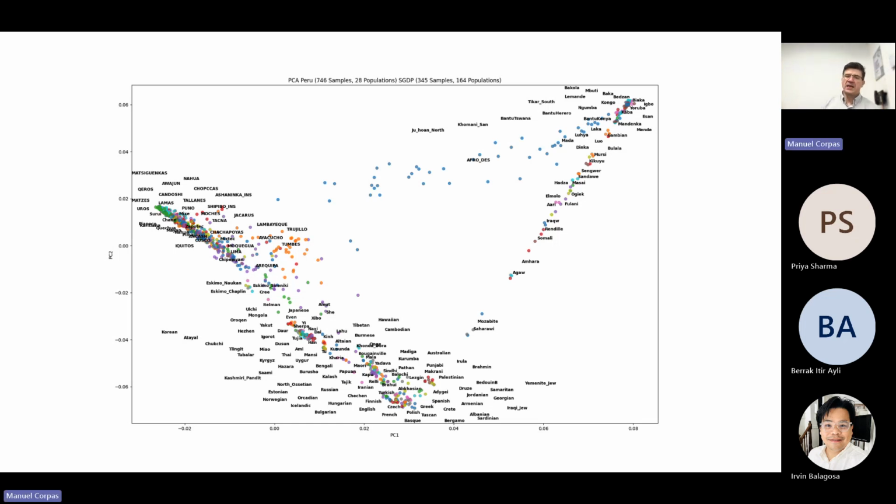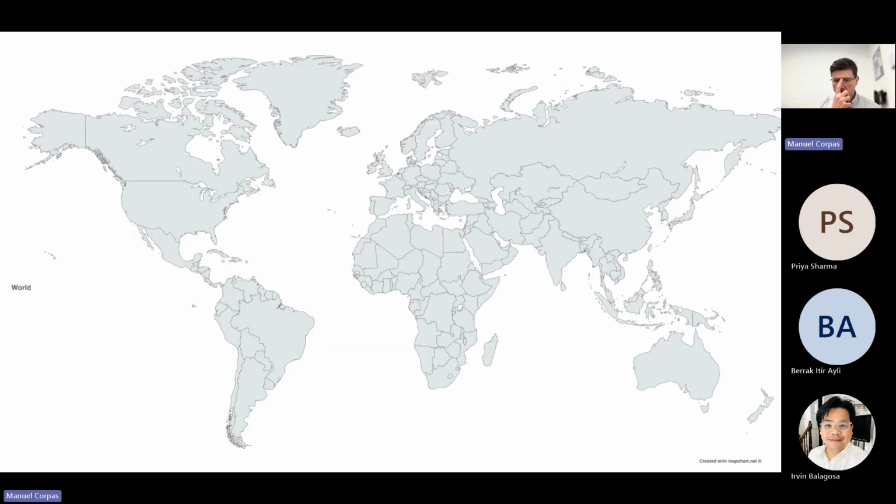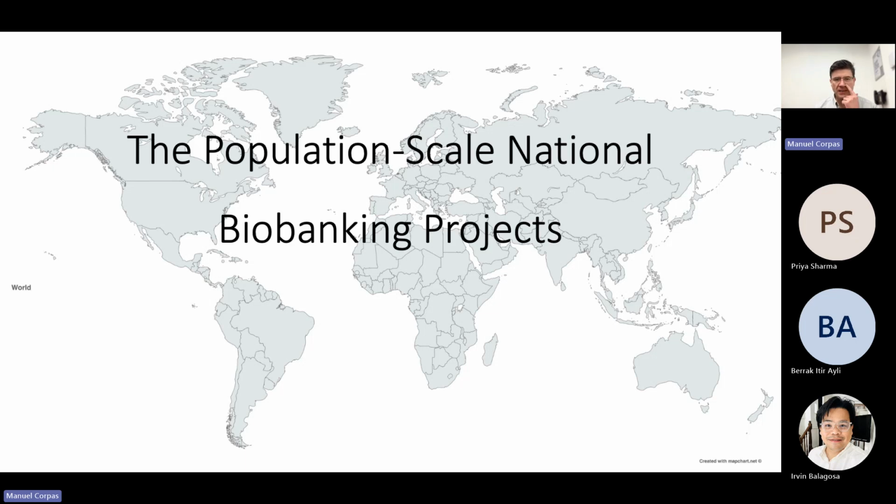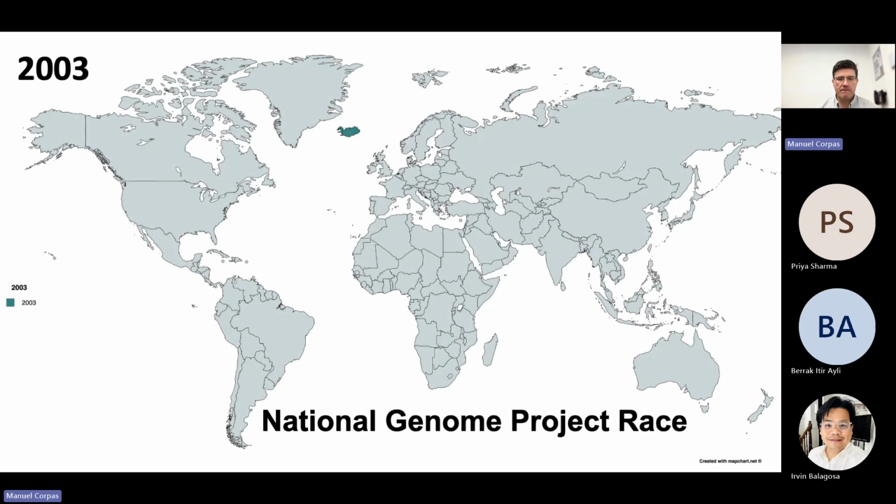So this is an example of what you can do with a biobank, but of course, these biobank initiatives have been happening for a while. There's been a kind of population-scale national biobanking project race where the first national biobank happened in Iceland, of all places, in 2003, with a company called deCODE.